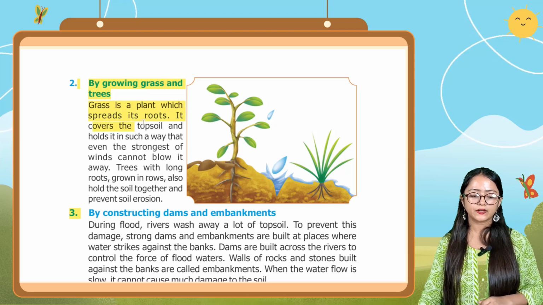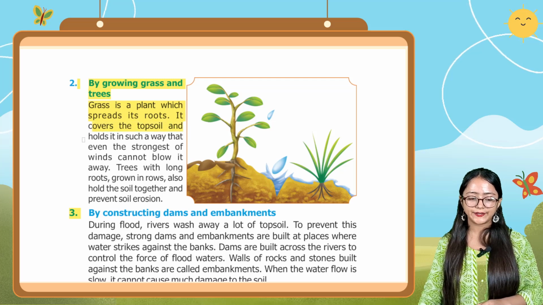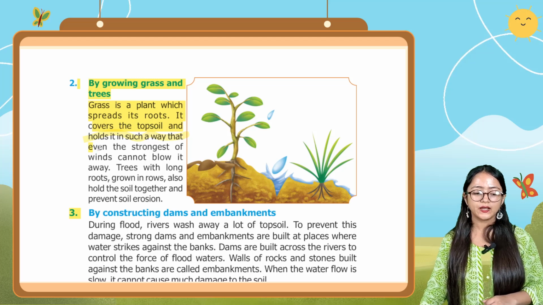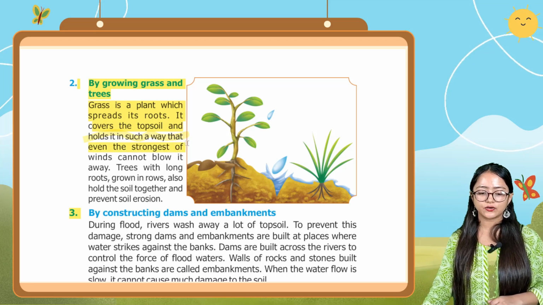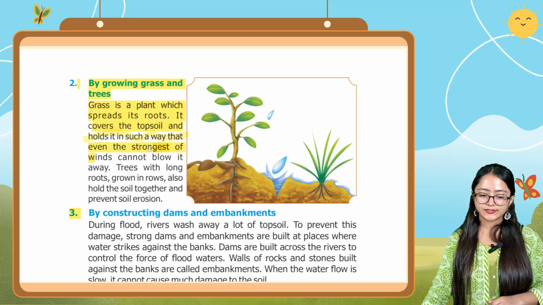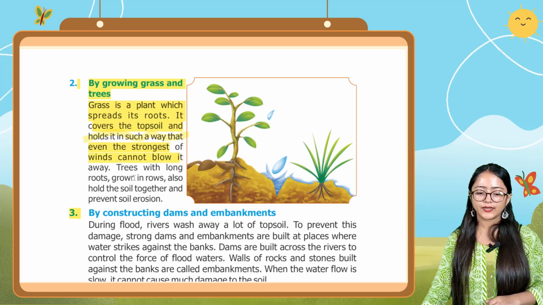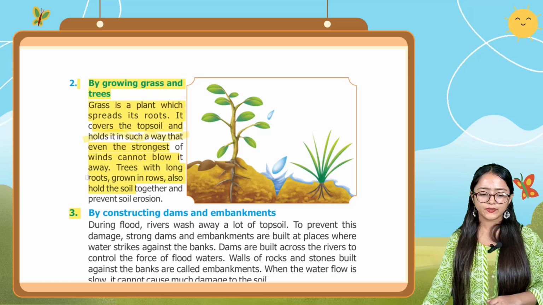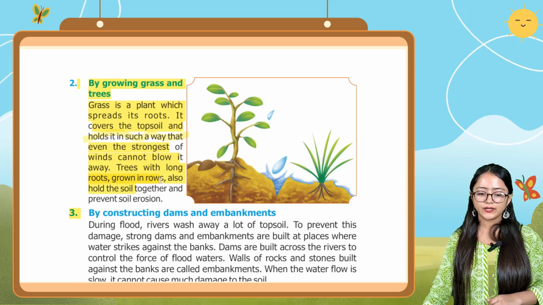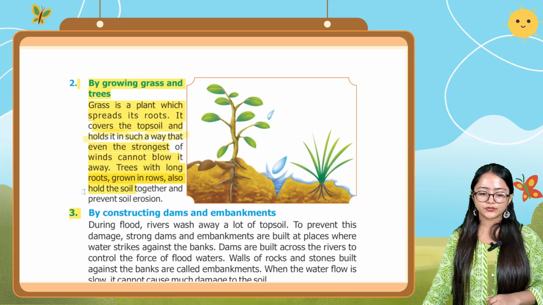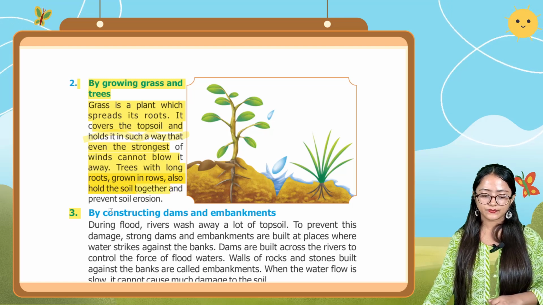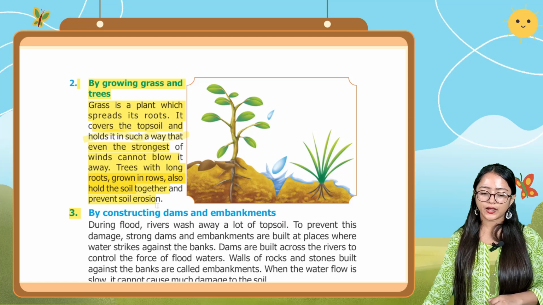It covers the topsoil and holds it in such a way that even the strongest of winds cannot blow it away. Trees with long roots grown in rows also hold the soil together and prevent soil erosion.